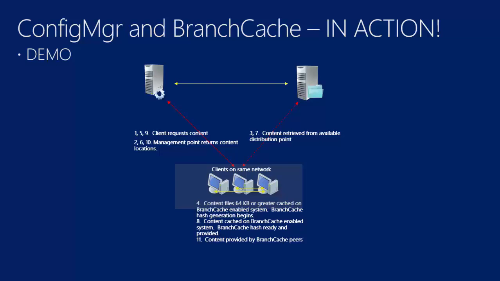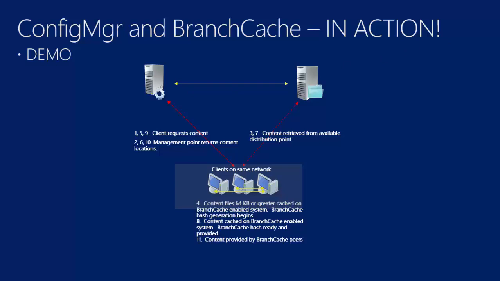All right, so now that we've done that with all of our client machines, let's start through the demo to see BranchCache working. A couple of things to note again, and it's on the diagram. BranchCache functionality is triggered only for content of greater than 64K in size. That is a by default thing. It can be modified.